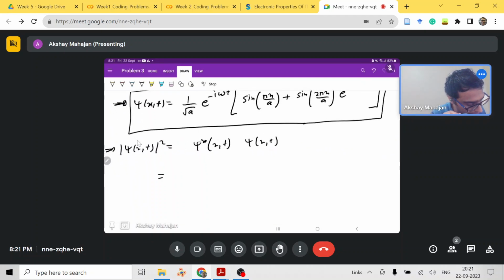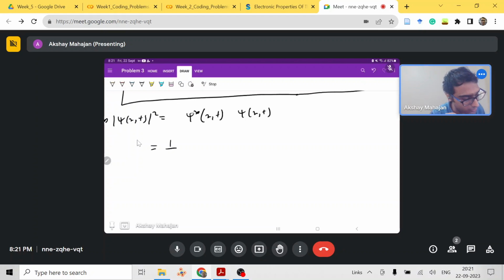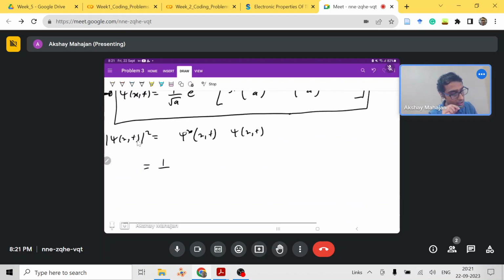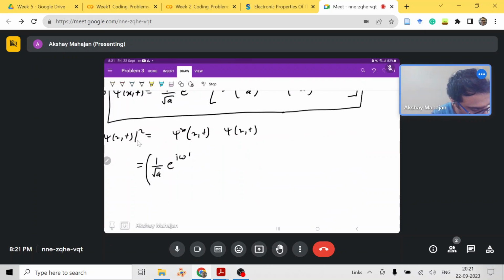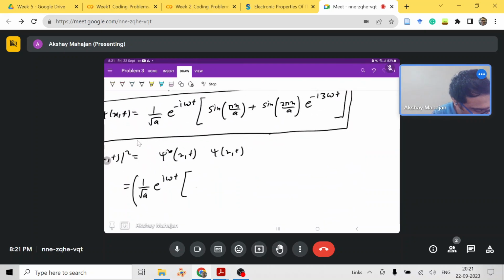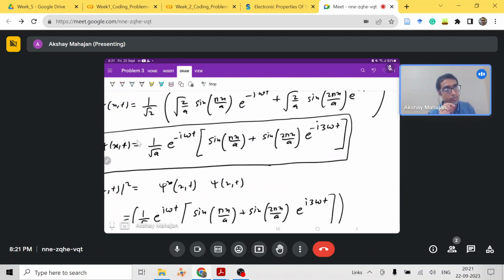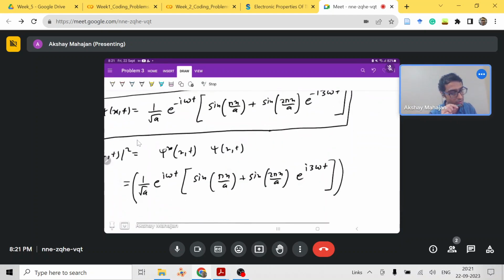So if you take the complex conjugate, this term will be equal to 1 by root a e to the power iota ωt [sin(πx/a) + sin(2πx/a) e to the power iota 3ωt]. Okay, so all the iota terms will change their sign.